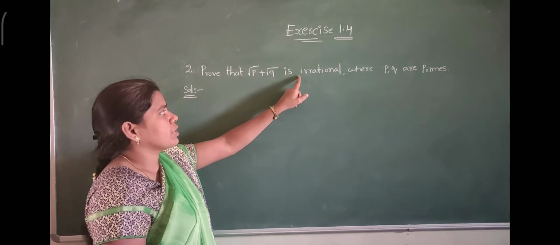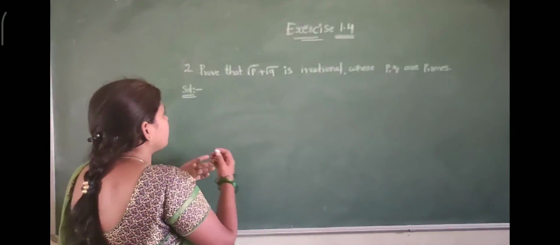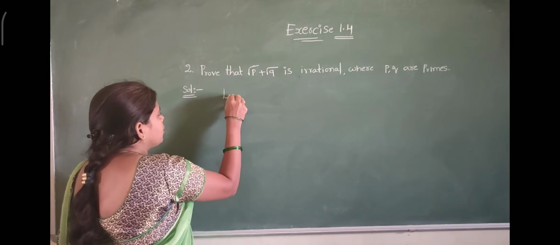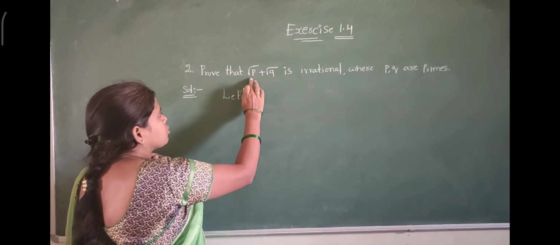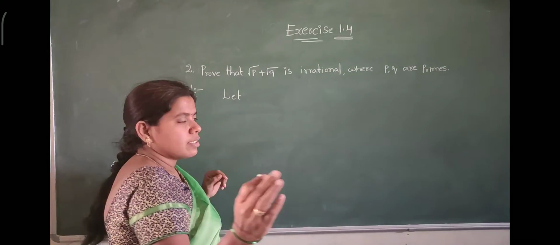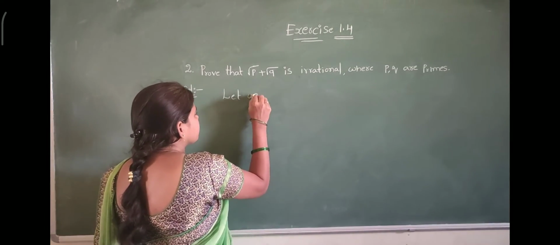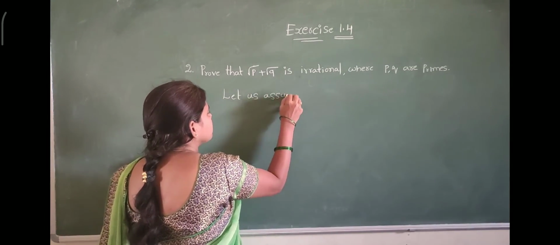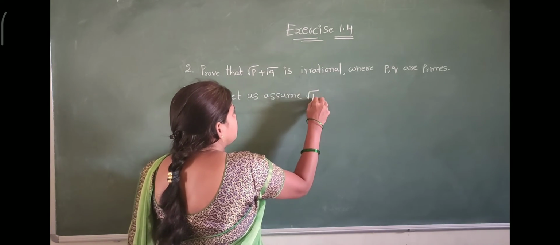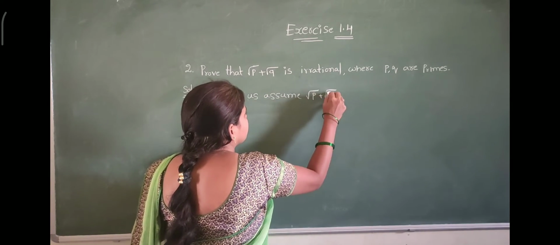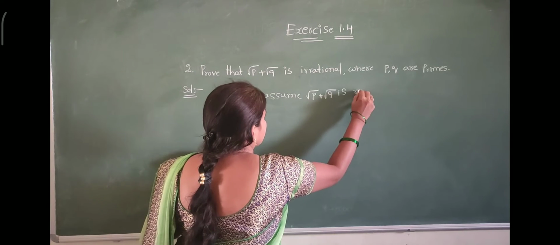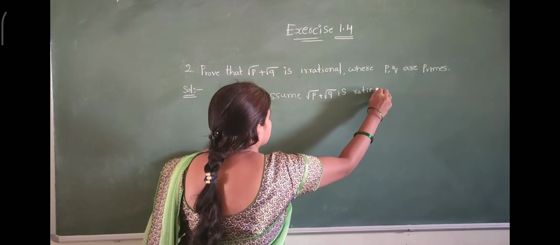For that we are using the contradiction method. First of all, we are assuming root p plus root q is rational. Let us assume root p plus root q is rational. What is rational?